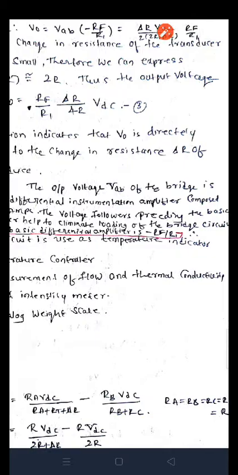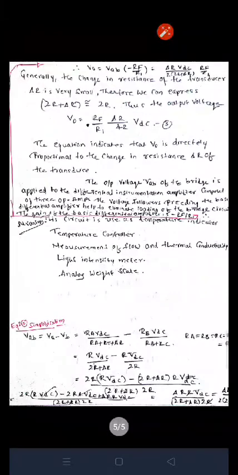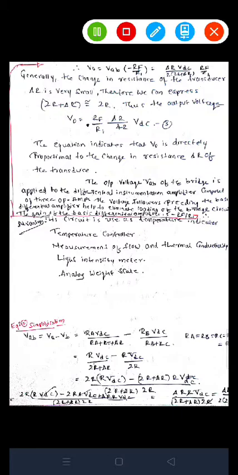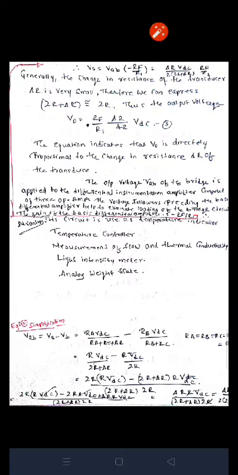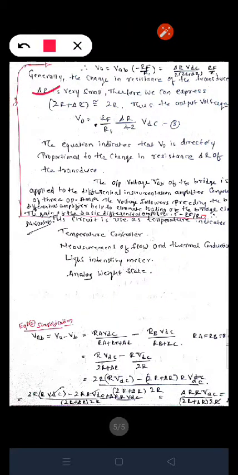Now we can further simplify it. Generally the change in the resistance of the transducer, delta R, is very small, so we can approximate 2R plus delta R as 2R.